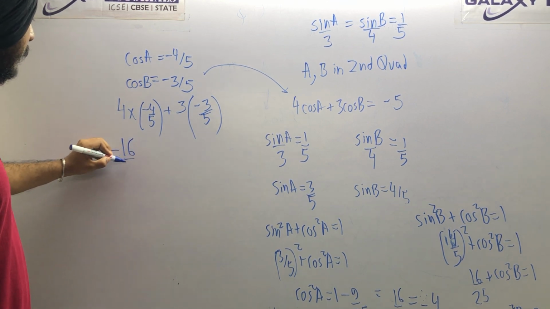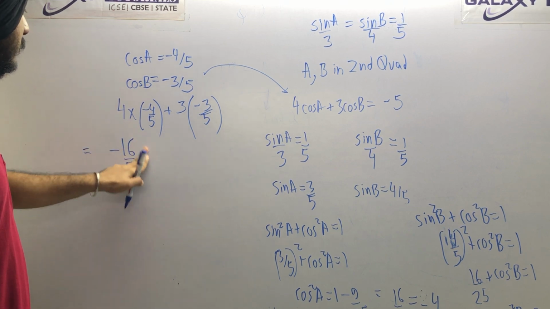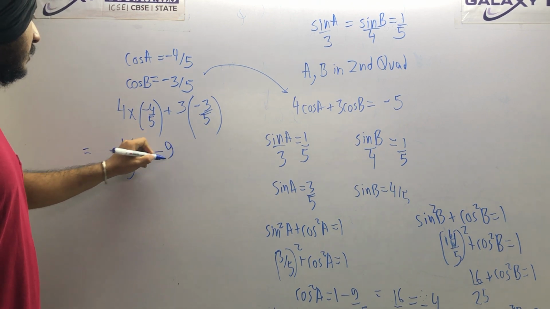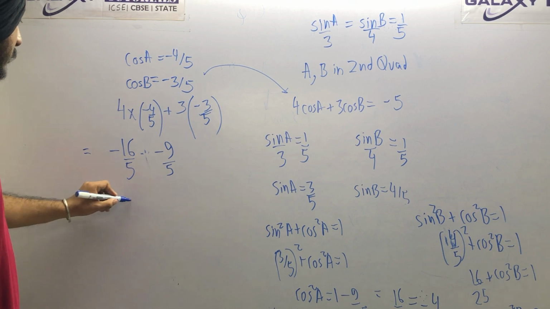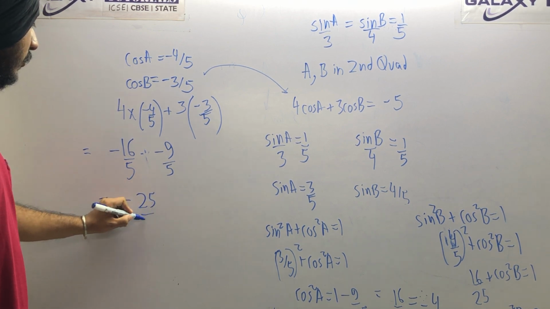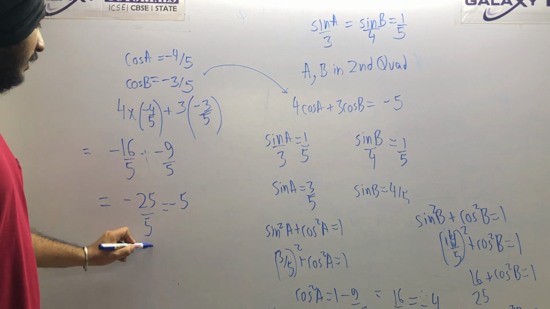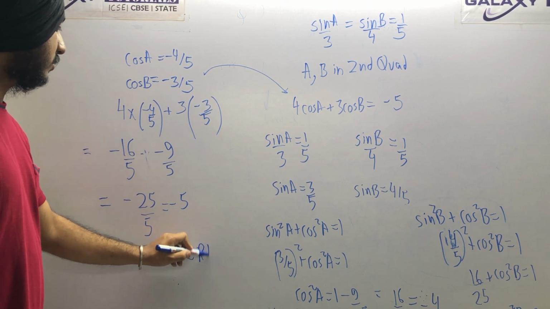Minus 16 by 5 plus, actually this will be minus, because 3 into minus 3 is minus 9. Minus 9 upon 5. So minus 16 minus 9 is minus 25 upon 5. This comes out to be minus 5. And so LHS is equal to RHS.